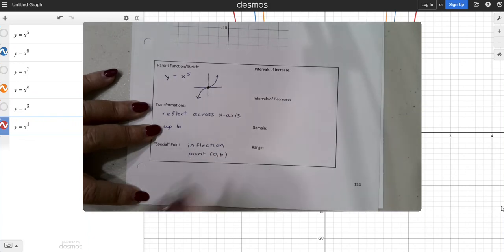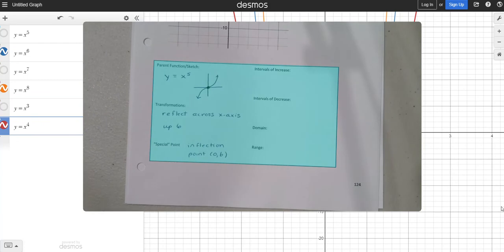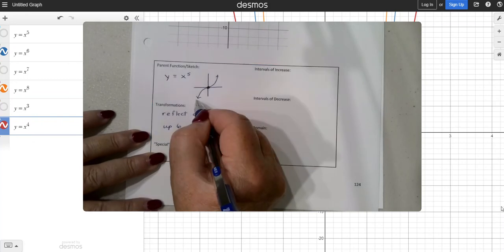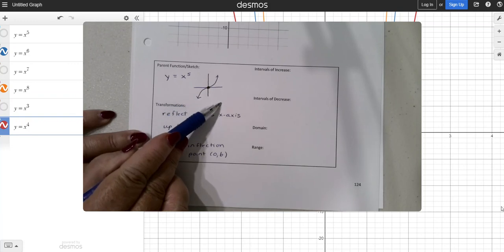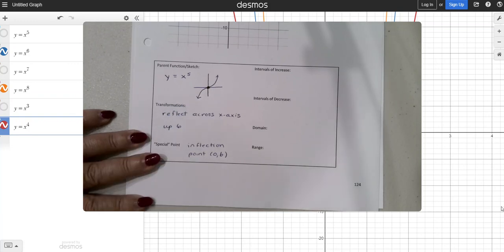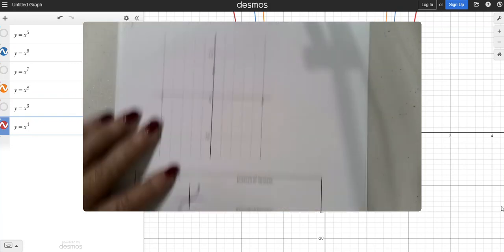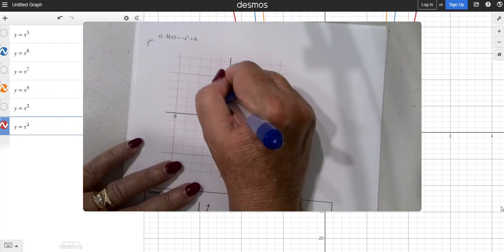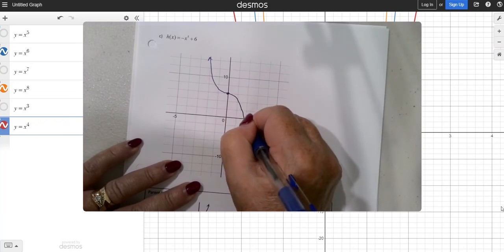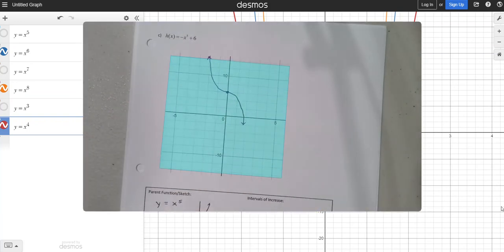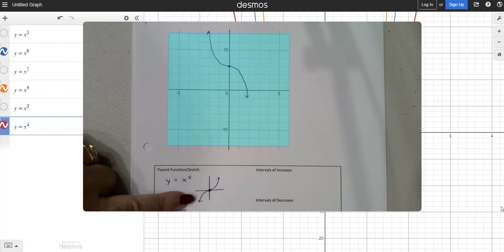All right, the last thing I need to think about is when I draw this now, it needs to reflect, or in other words, get flipped upside down. So instead of going down this way and up that way, it's going to be the opposite, right? It's going to be up on this side and down on that side of the inflection point. So on this side, it curves up, and on this side, it curves down. Same shape, just upside down.